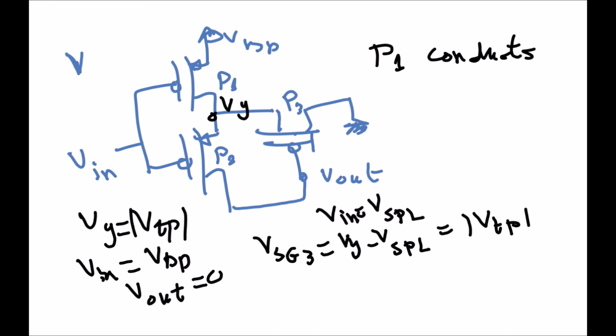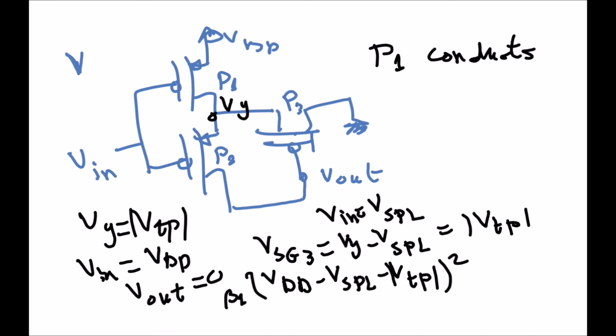Now I1 equals I3. I1, we know, is beta 1P over 2 times (VDD minus V switching point low minus absolute VTP) squared, equal to beta 3 over 2 multiplied by VSG3 squared. For M3, VSG is Vy minus 0, so it will be V switching point low plus VTP minus VTP, so it will be V switching point low squared.